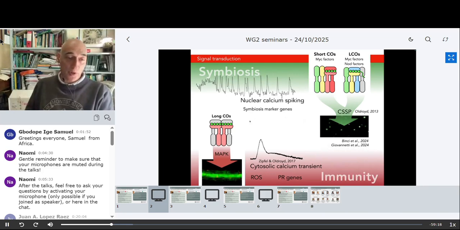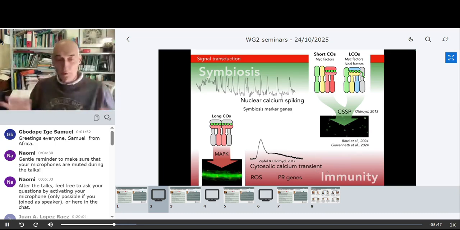By contrast, the perception of long chain COs is related to a diffuse, broad, singular and individual transient elevation in calcium concentration in the cytoplasm, which you see here in the bottom of my image, and that's associated with MAP kinase activation, reactive oxygen species burst, and the regulation of pathogenesis-related genes, and in one word, immunity.